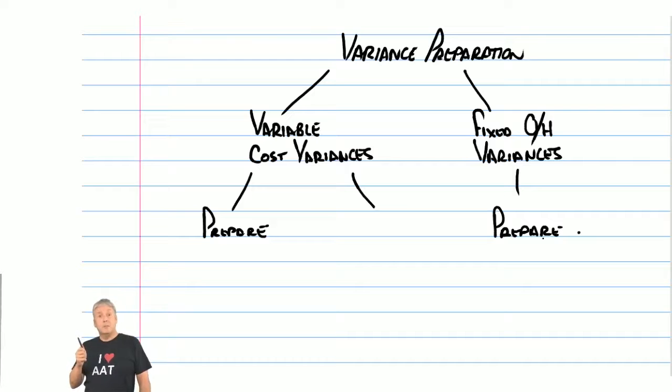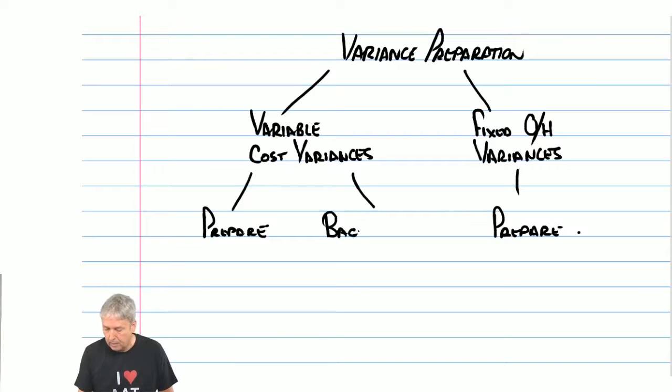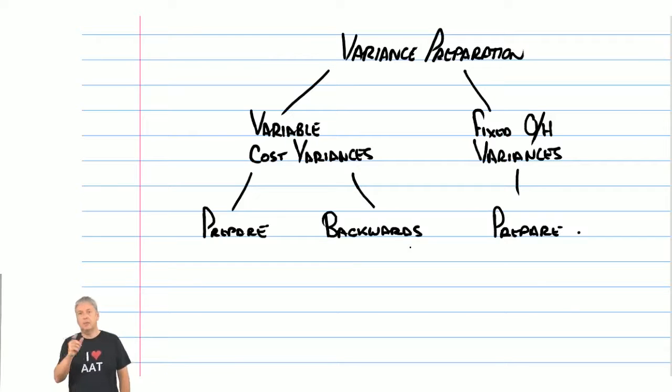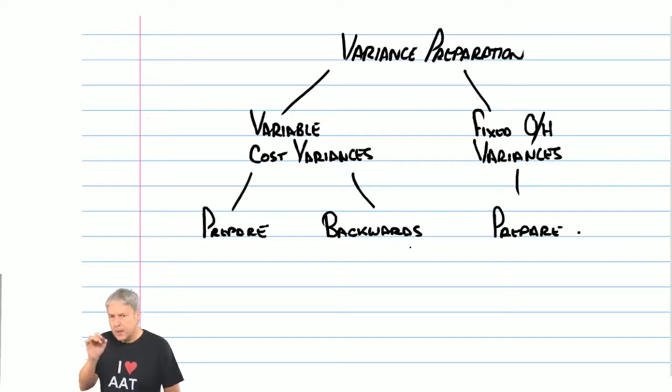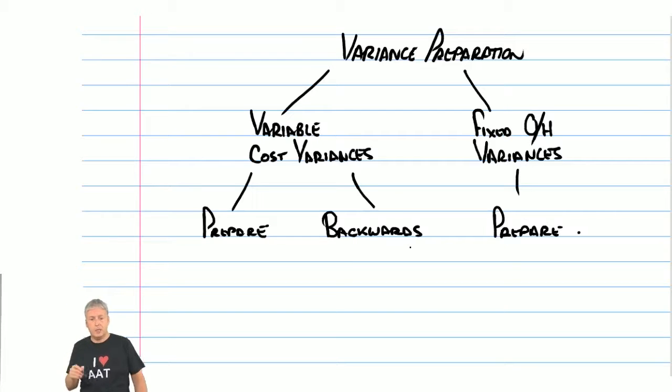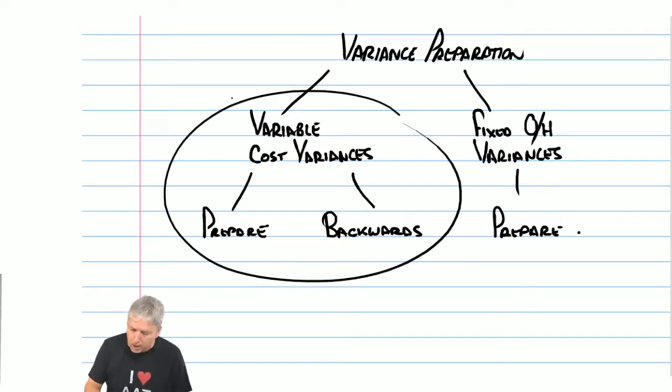But what we have to remember is not only do we have that, but we also have backwards variances, i.e. the idea that we are given the variances and we have to work backwards to establish either an actual value or a standard value, whatever the examiner wants us to do. So, before we go anywhere, what we're going to see is that this particular assessment task, the suggested one by the AAT, focuses solely on variable costs.